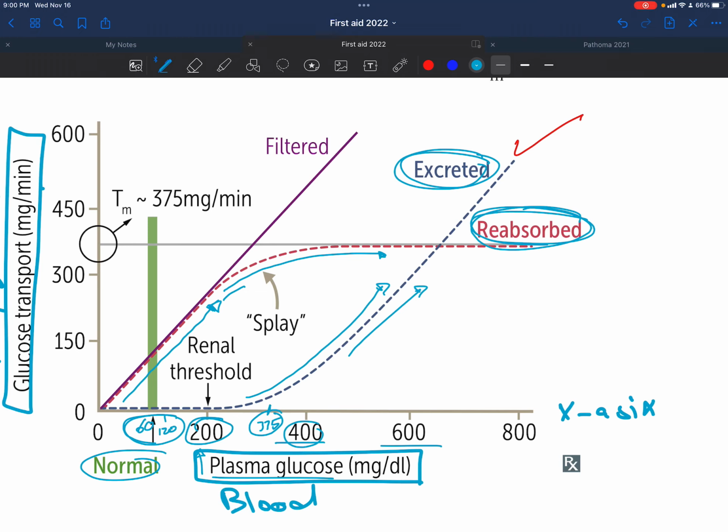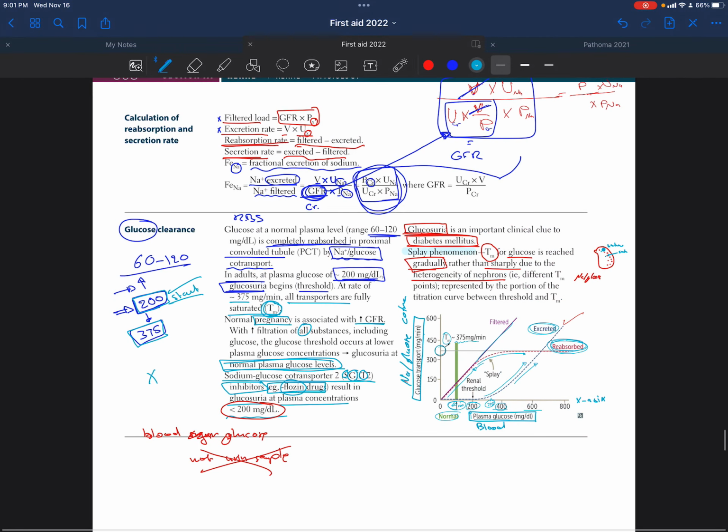This gradual increase in the curve means we are gradually losing our ability to reabsorb the filtered glucose, okay? And that's it. So this is the Tmax. This is where all of these transporters are saturated and they cannot transport any more glucose into the blood. That's when the plasma glucose level usually gets to 375. And that's it.